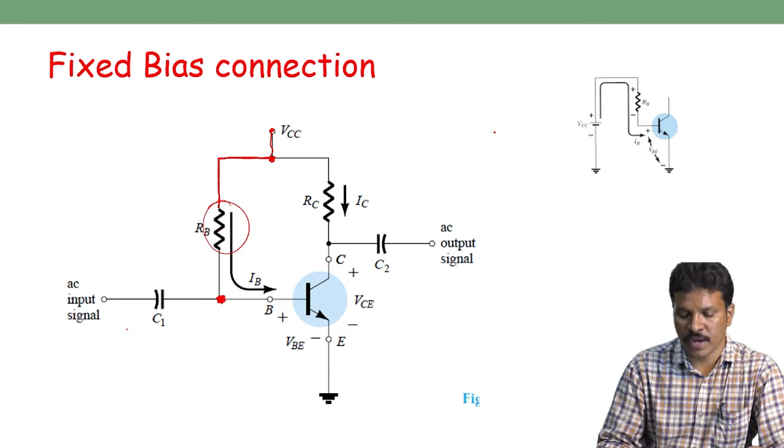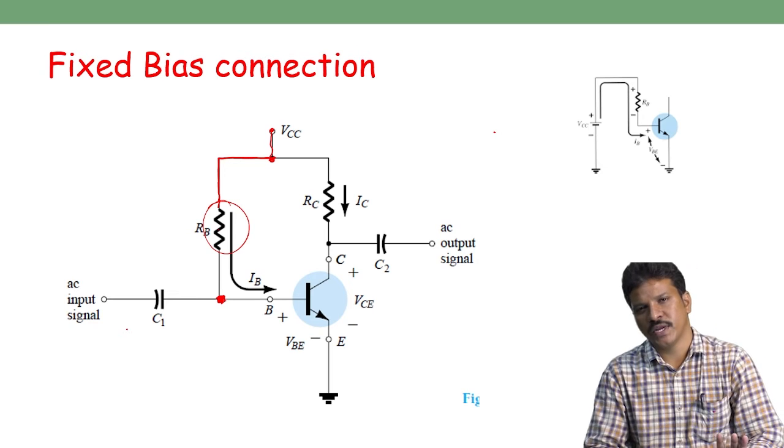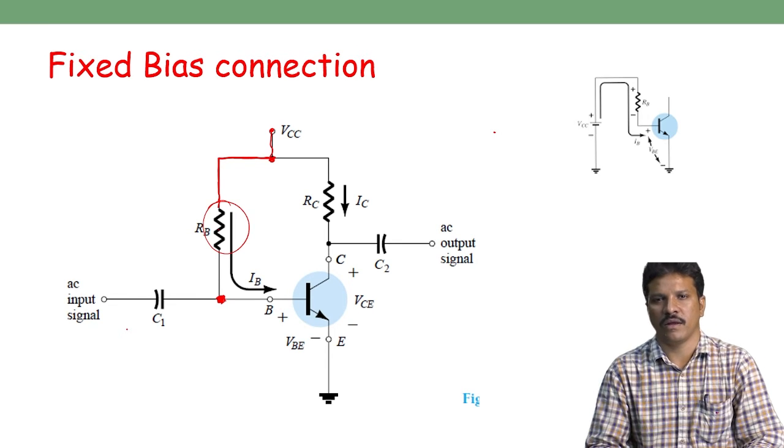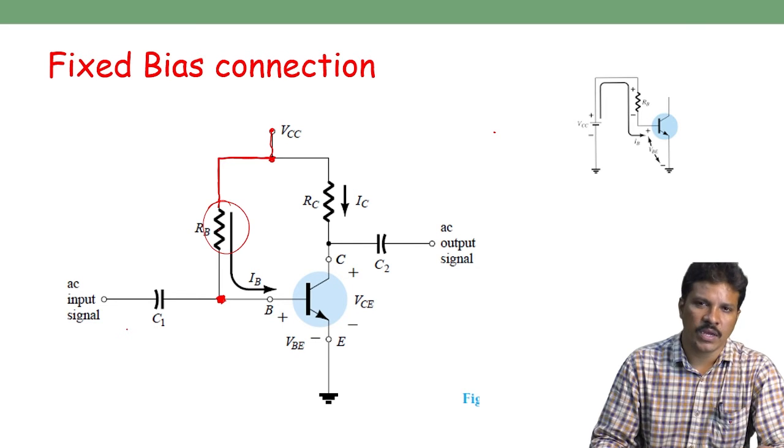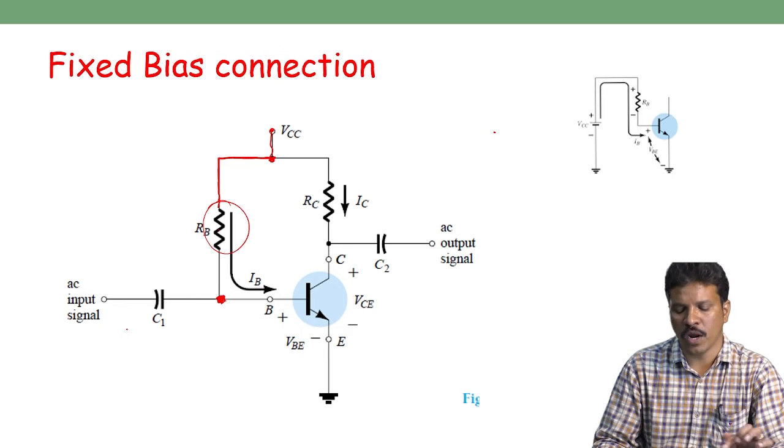In this fixed bias, does the circuit give faithful amplification or not? By taking the output characteristics alone, we can't say that it operates as an amplifier. We need to find the load line and the Q point for this particular fixed bias circuit.